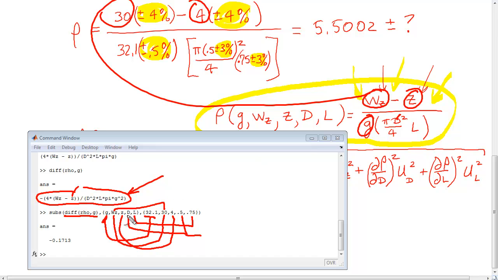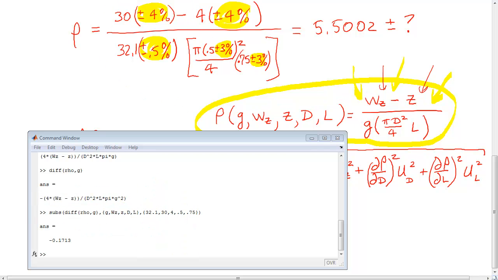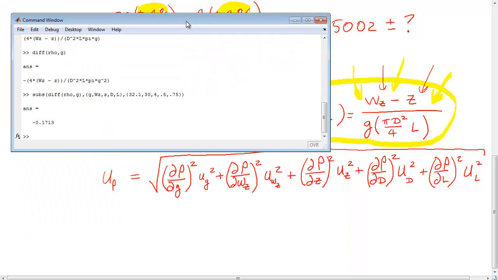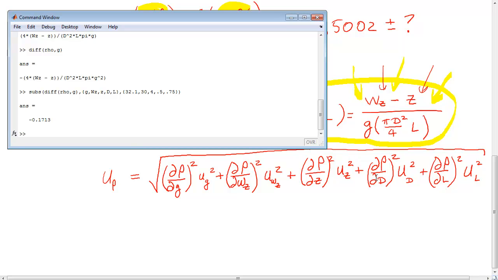My diameter, the next to the last, was 0.5. And then the 0.75 for the length goes right in there. So if you're real meticulous about this, you can go through and figure out each one of these terms here.